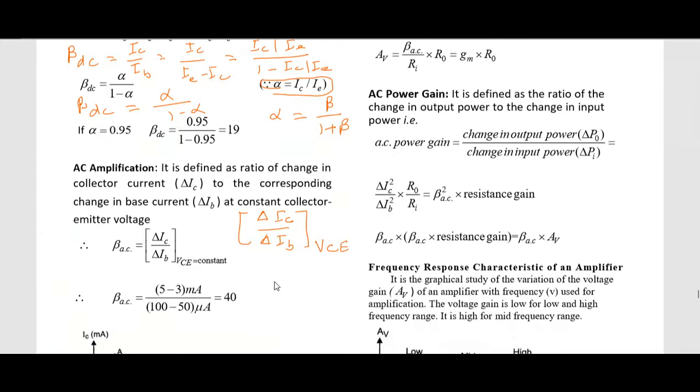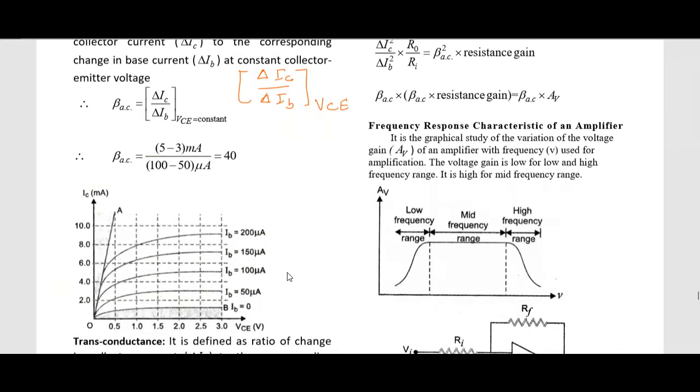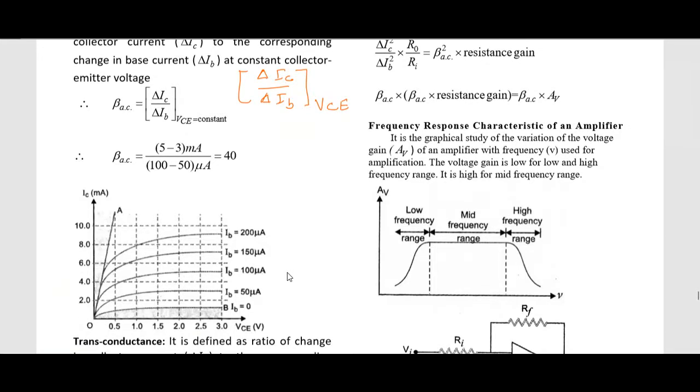This is kept constant. It's a very easy problem, and numericals can be asked on the basis of this. For example, I want to calculate the value of this factor for a particular voltage.